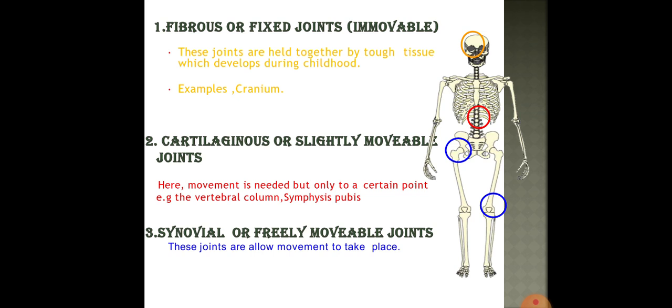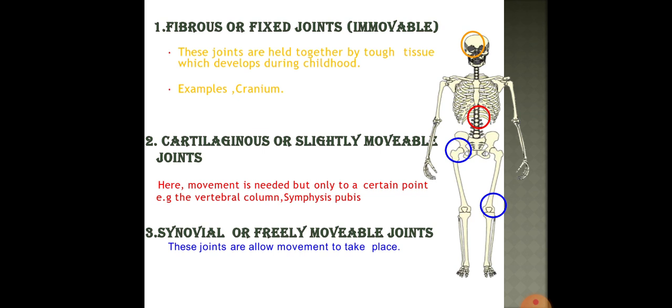Second one is cartilaginous or slightly movable joint. Here movement is needed but only to a certain point. Example, the vertebral column and symphysis pubis.